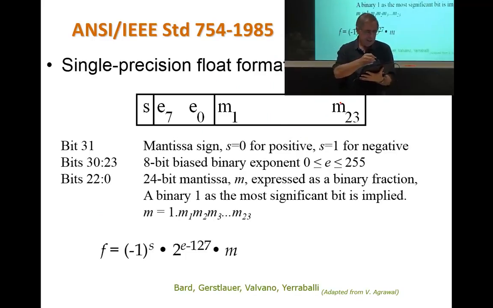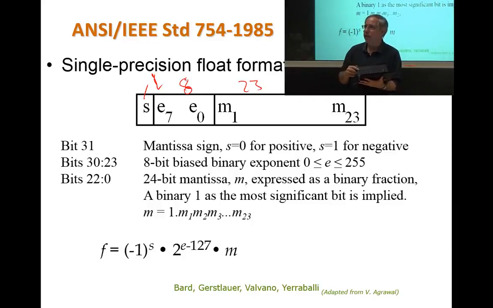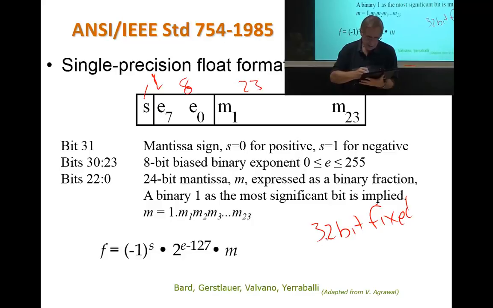Like I said, the single precision floating point, that's what's built in your hardware, actually has 23 bits of mantissa, 1 bit for the sign, and 8 bits for the exponent. So right away you can see that in what way is 32-bit fixed point better than 32-bit floating point.